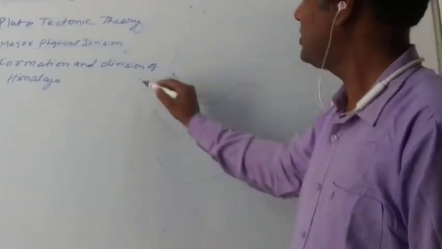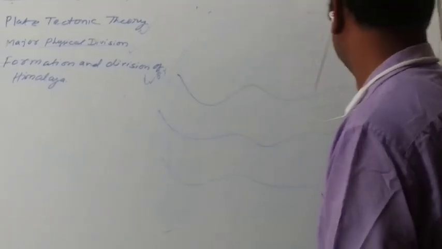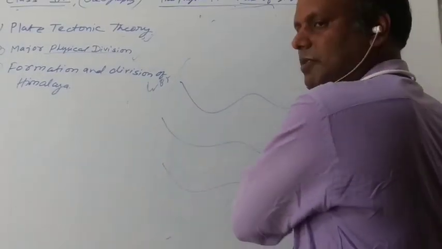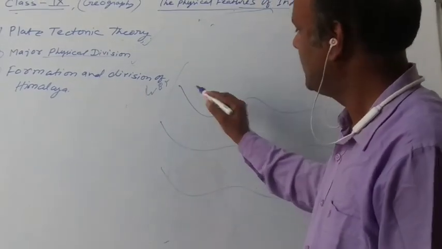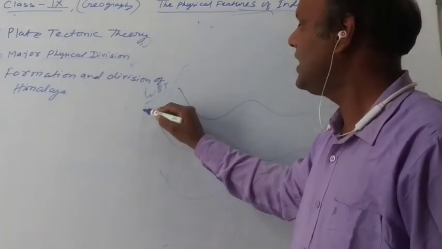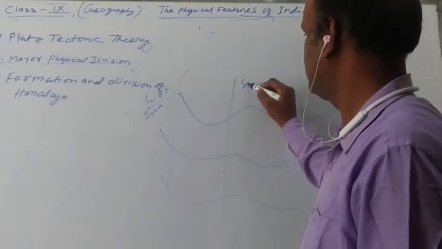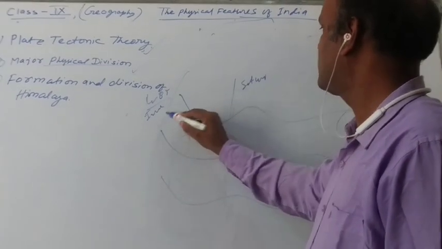For example, when we talk about the spread from west to east, it means it is divided by various rivers along the way. From the western side we have Indus to Satluj.